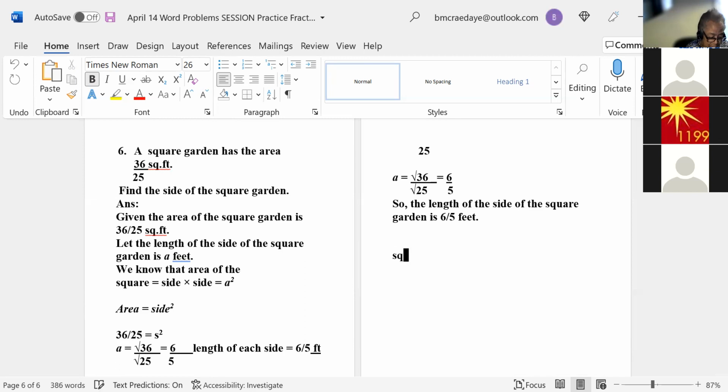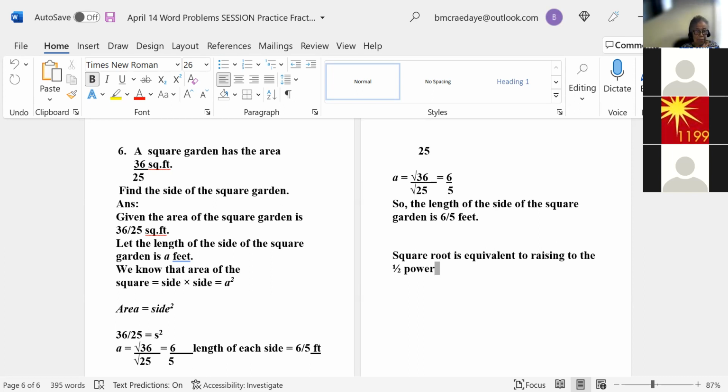Square root is equivalent to raising to the 1/2 power.